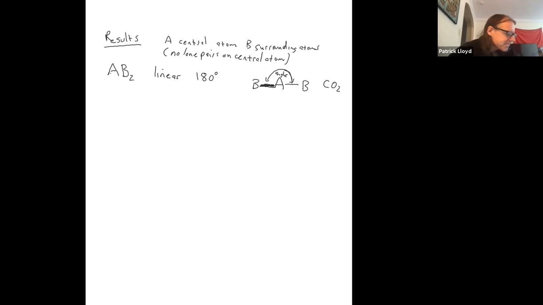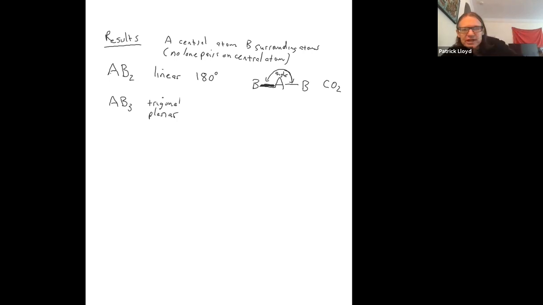Now, the next one is AB3. Again, the assumption in this list is that there are no lone pairs on the central atom. It's all bonds, and we'll talk about lone pairs later. This one is called trigonal planar. Now, the names are somewhat variable.